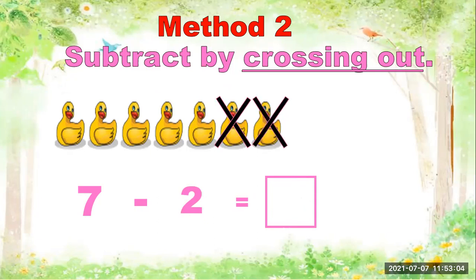So 7 minus 2, we cross out 2 ducks. Then we count how many ducks are left: 1, 2, 3, 4, 5. So 7 minus 2 is equal to 5. That's the answer. Very easy, right? We just cross out the ducks.